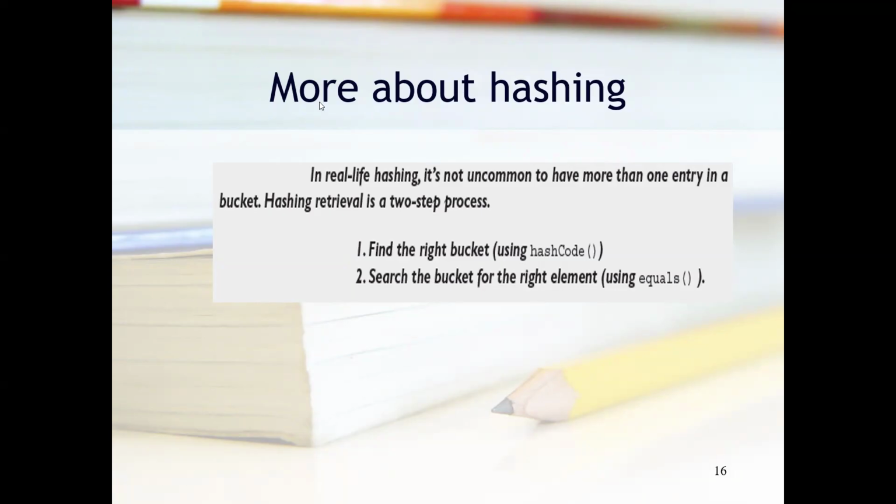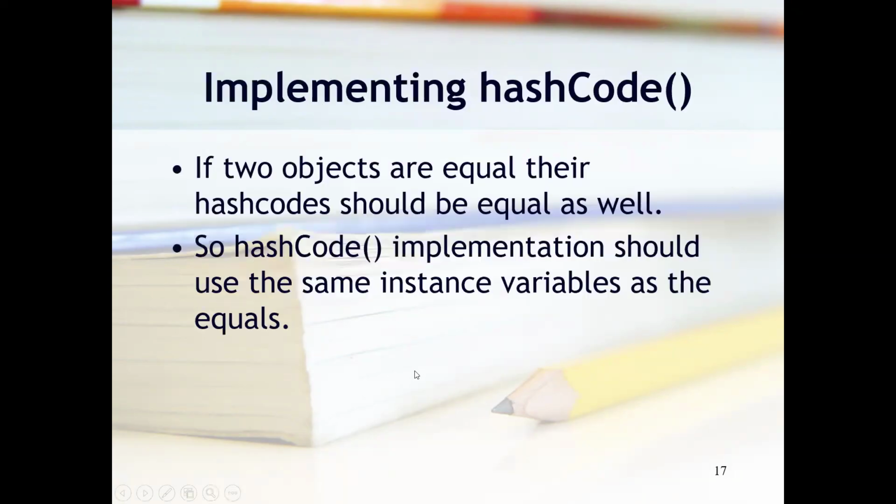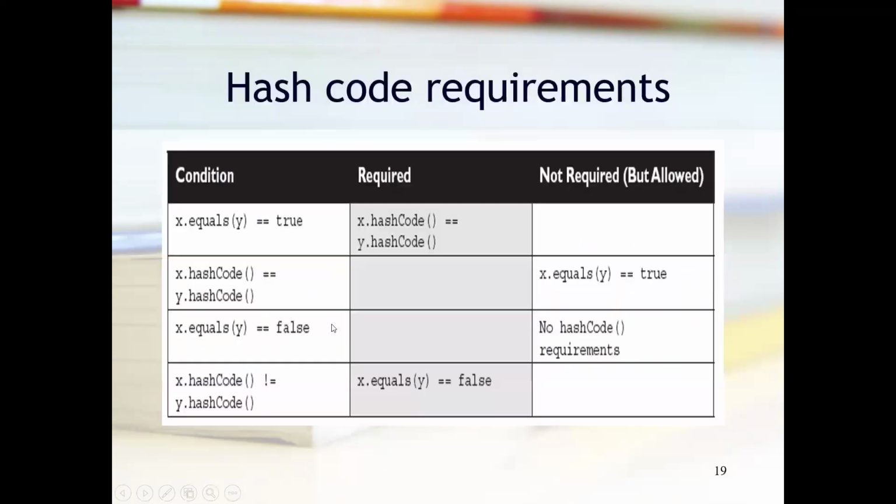This is what we have discussed so far about implementing hashCode. I have shown you, and there are some specific hashCode requirements. If x.equals(y) is true, then the hash codes have to be the same. Why?